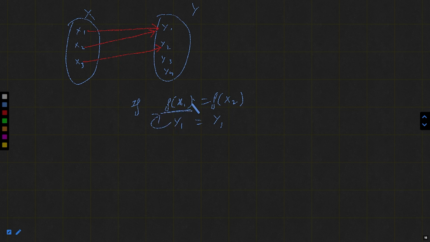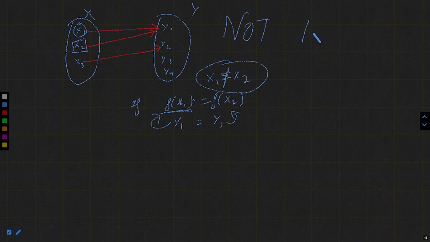This means f(x1) is equal to f(x2). Does x1 equal x2? No, as you can see, the x1 element is different from the x2 element. So these are not equal to each other. This means this is not a one-one or injective function.